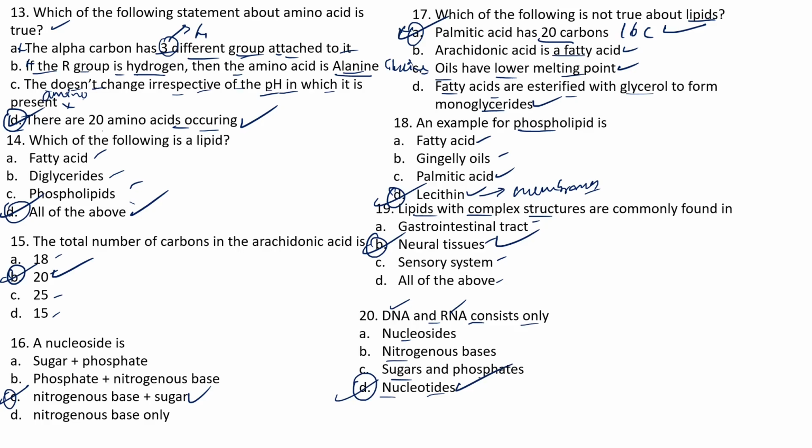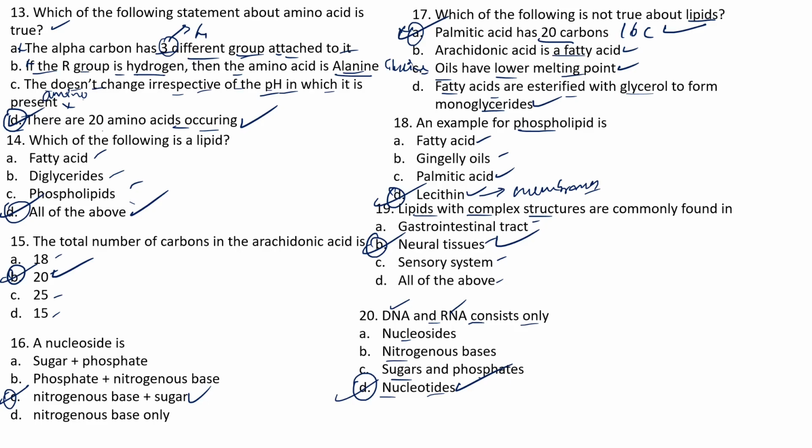So we have discussed around 20 questions from the first part, and I guess it is sufficient for this particular session. What you can do, as I always suggest, and I will suggest it in every video, is to go and solve more and more questions.